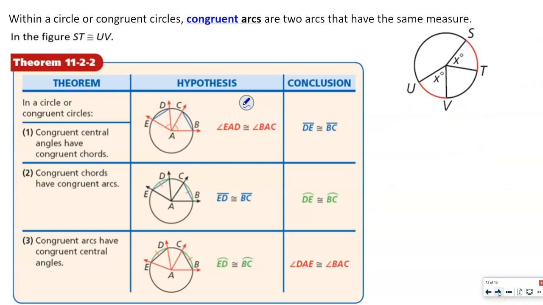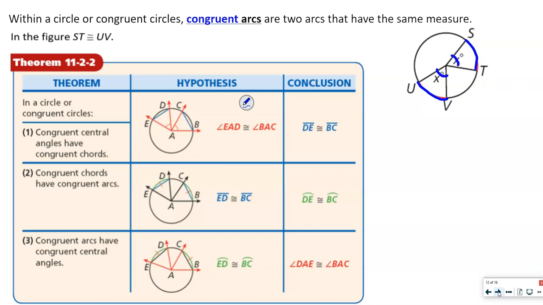All right, so the next concept in this lesson is within a circle or congruent circles. Congruent arcs are two arcs that have the same measure. So in the figure, ST is congruent to UV, right? So look, this arc is congruent to this arc because the angles are congruent. So there's three things here that you need to notice.